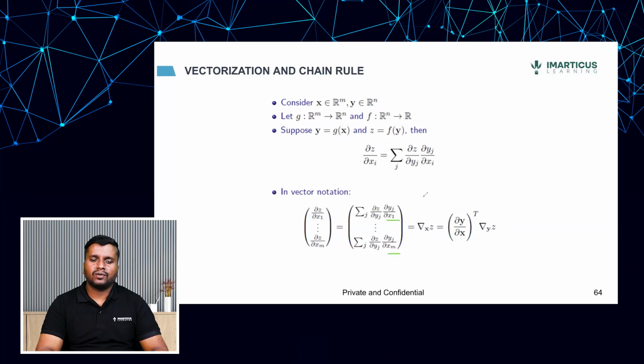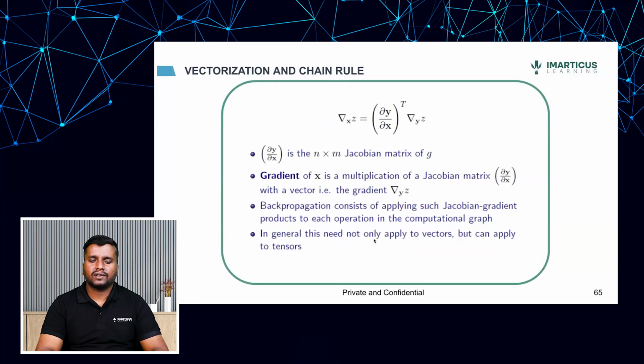This is the vector form of the chain rule. It can be denoted as the gradient of z with respect to x, which is the transpose of the partial derivative of y with respect to x, multiplied by the gradient of z with respect to y. This is how we can do the vector notation.